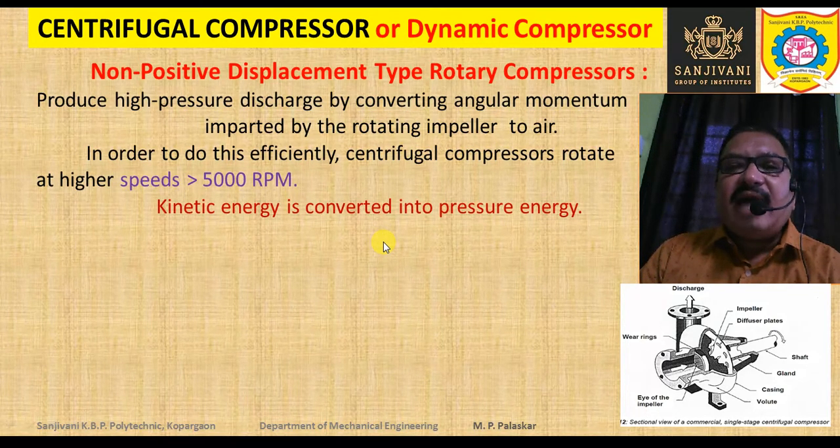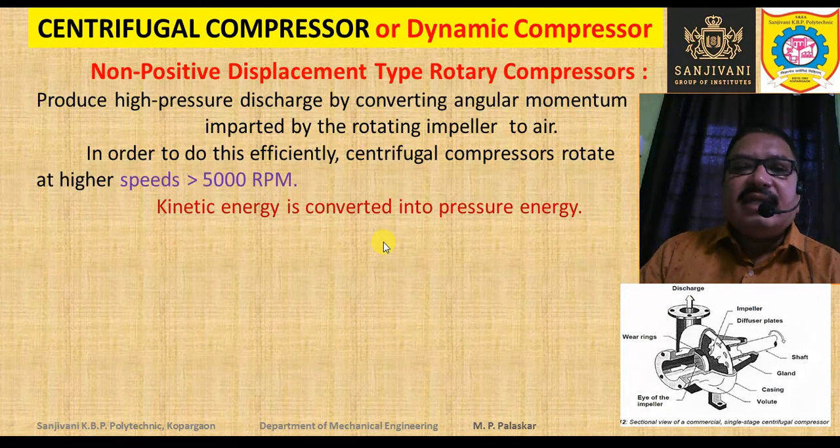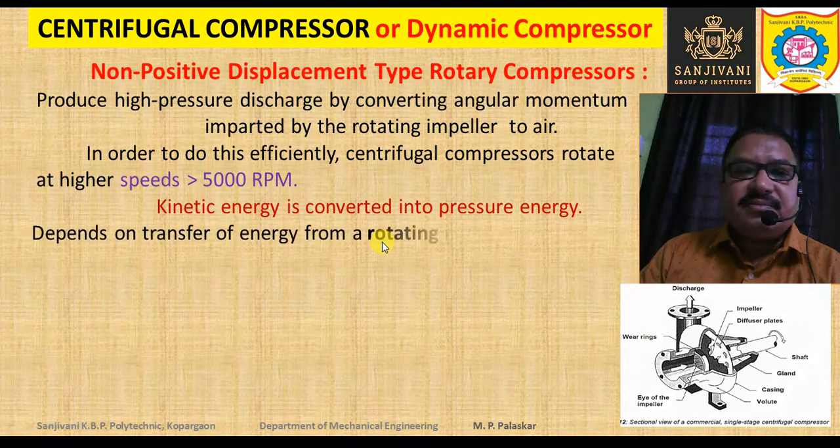So first of all the angular momentum possessed by the rotor or the rotating impeller will be imparted to the air, so that the kinetic energy of the air will be increased, and then this kinetic energy of the air is converted into pressure energy in this centrifugal compressor.